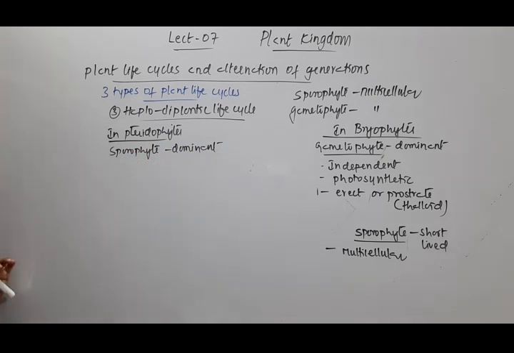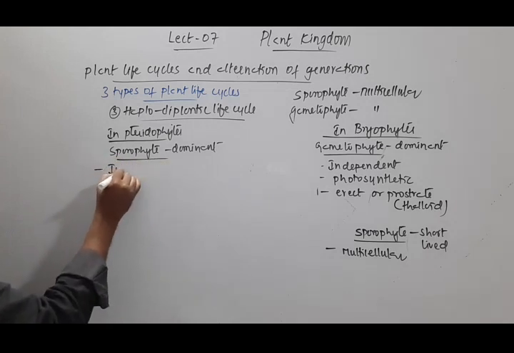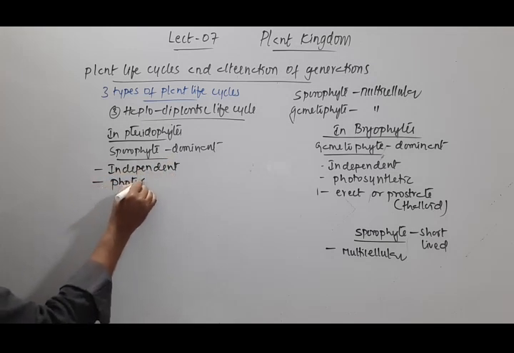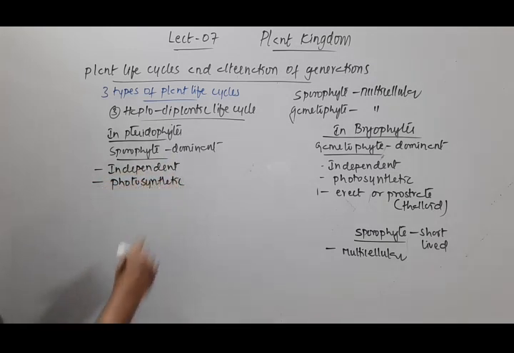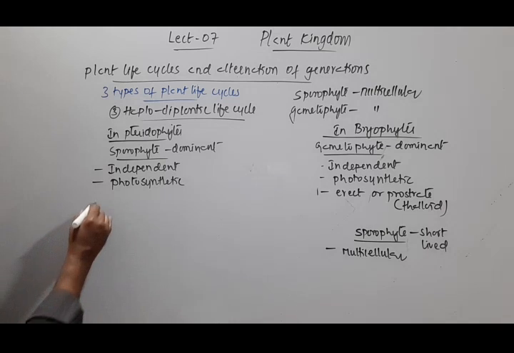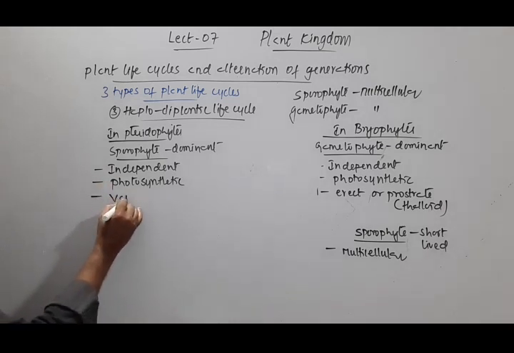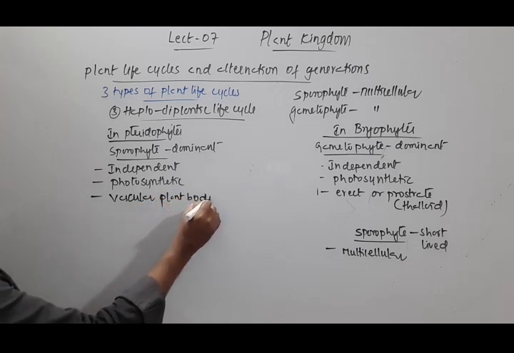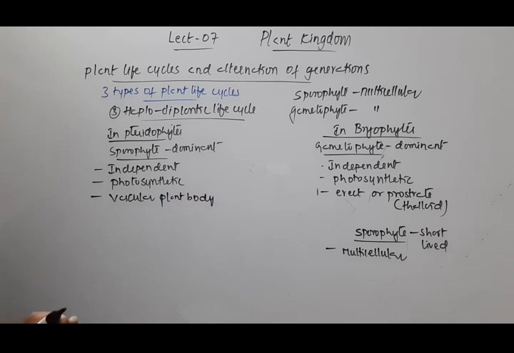This sporophyte is dominant and independent. It is photosynthetic, so it has leaves, and they will perform photosynthesis. In pteridophytes, the sporophyte is a vascular plant body. In bryophytes, the sporophyte is not vascular, because we know pteridophytes are the first vascular plants. They have vascular tissues, while in bryophytes we don't find vascular tissues.